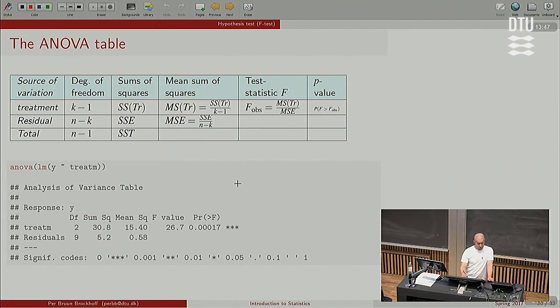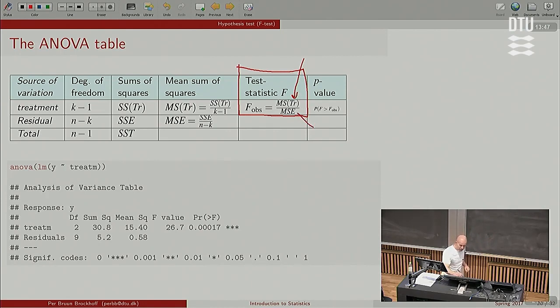This is a copy of the slide I already showed you, but here it goes again. Now I told you a bit of the theory about why this is a good measure, because when there is a signal, the MS treatment tends to grow. It's kind of a signal to noise ratio also, if you like that terminology.